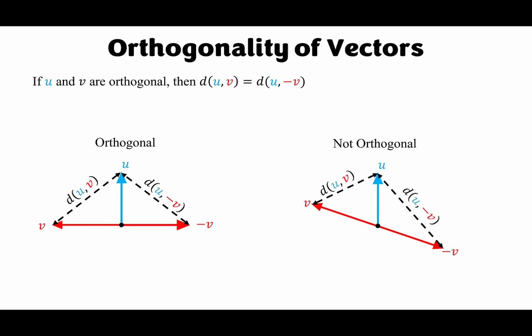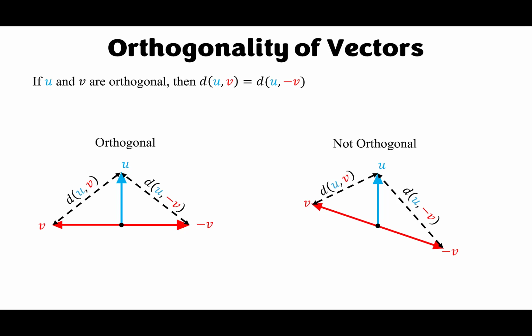Where in the not orthogonal case, the distance between u and v and u and -v are different. Right, so this is a nice way to describe perpendicularity. We're using the word orthogonality. Noticing this truth about the length between u and v and u and -v. Right? They have to be the same for u and v to be perpendicular or orthogonal.